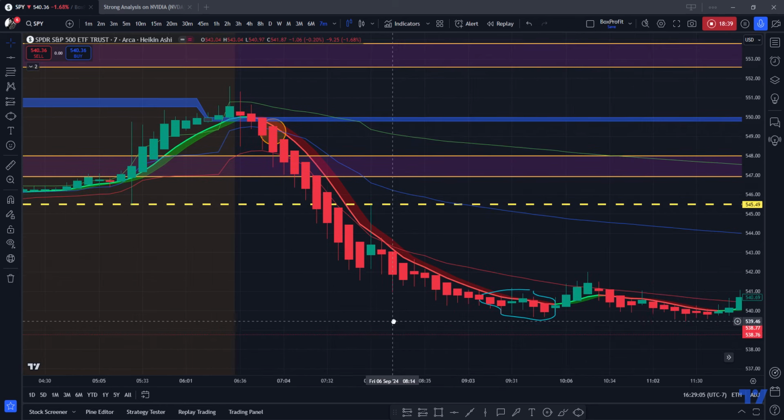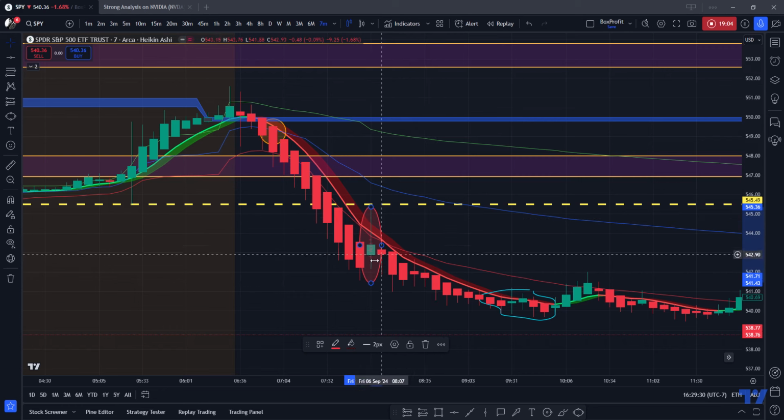And then we stayed in that as long as we did not close above this Hull moving average right here, the thick red line, red cloud, I mean. We will still stay in the trade, but that of course violates the fact that you have to exit on a doji, which would have been on this one particular spot here.